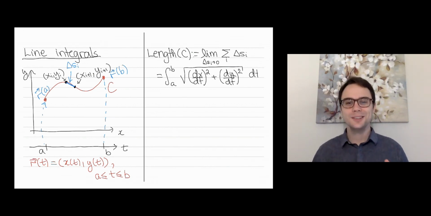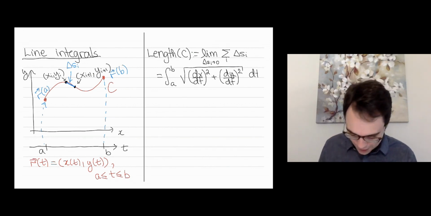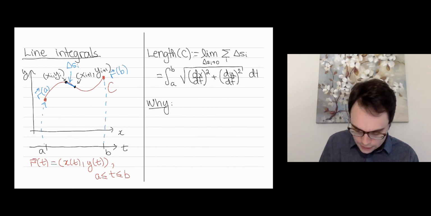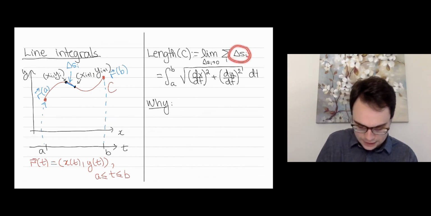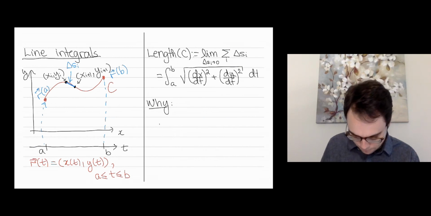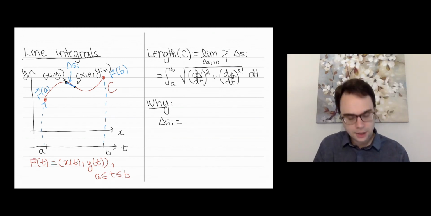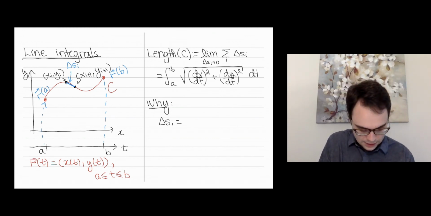But you don't have to believe me. Let me tell you why. So here's why this formula works. Let's look at these things we're adding, delta Si. Delta Si, by Pythagoras' theorem, you can put delta Si in a triangle.